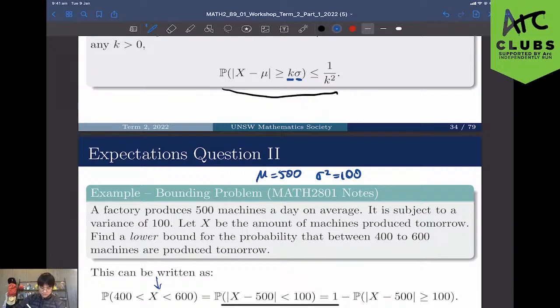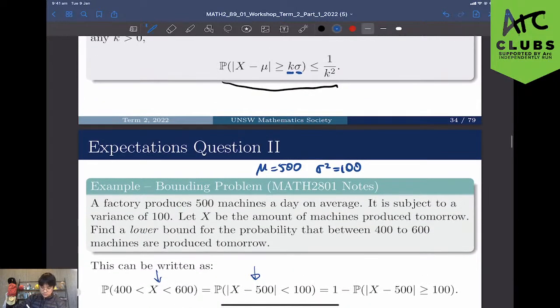And we'll find that this value is also equal to this value, because that's just the absolute value. If we start from 500 over here, this absolute value interval just means that we go between 400 and 600, we go 100 out.